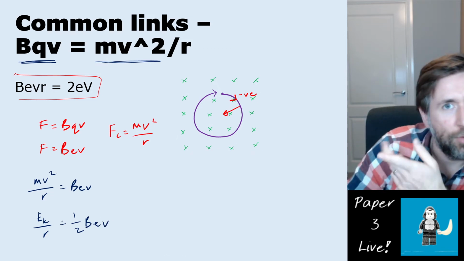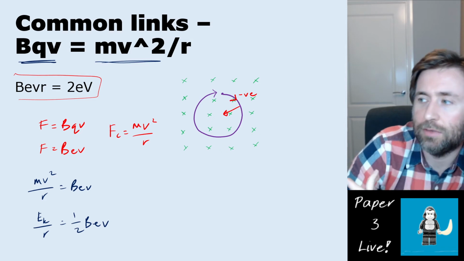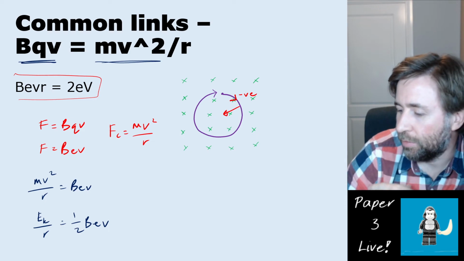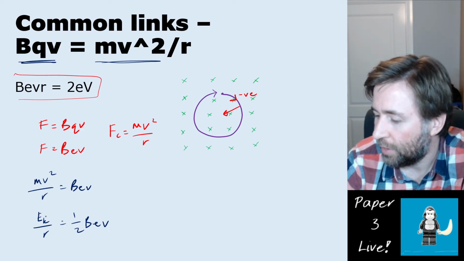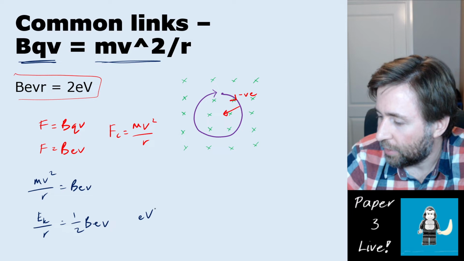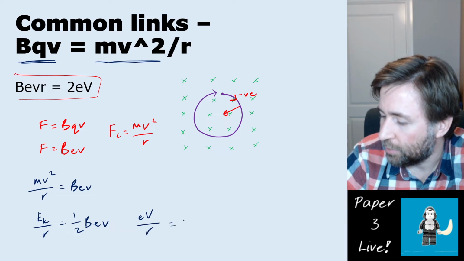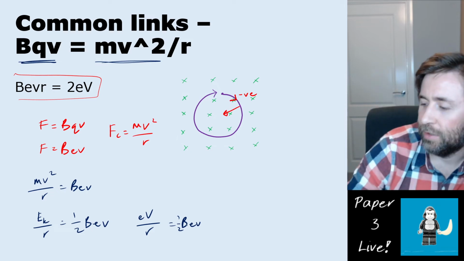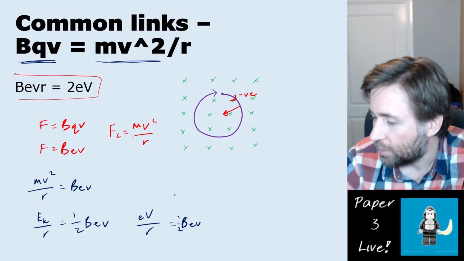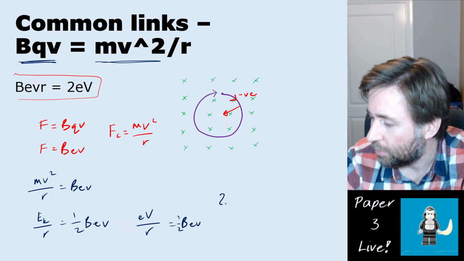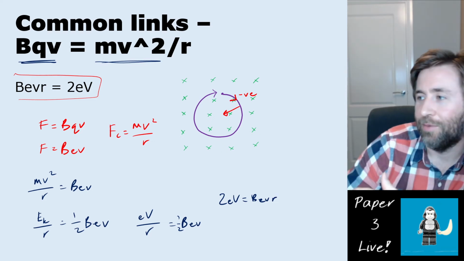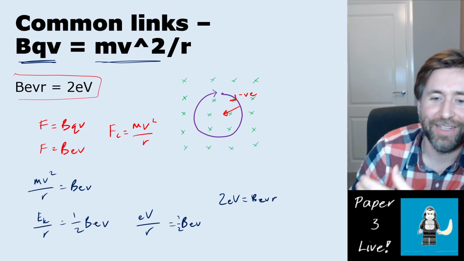Okay, and well, what's the kinetic energy on this charged particle? It's the electron volt. It's the charge, the electronic charge, multiplied by the potential difference. So maybe you could substitute that in for the Ek. So you get eV over r equals half Bev, and then you can multiply through by 2 and r to move it, and you end up with that thing there. So 2eV equals Ber.